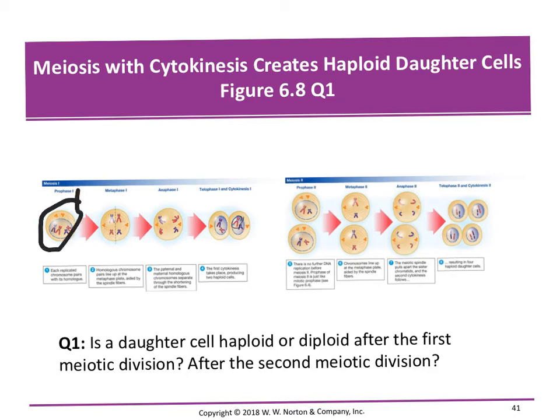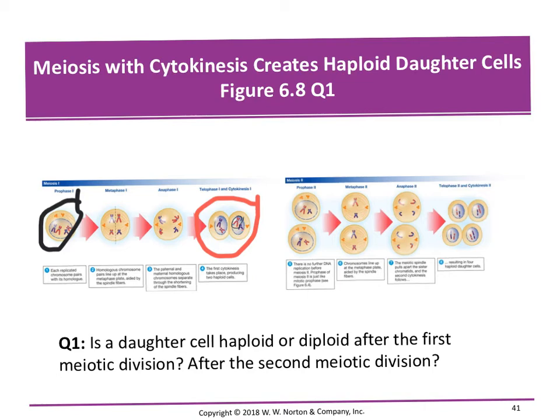The chromosomes line up along the metaphase plate. They start to pull apart, and you finally end up with 2 haploid daughter cells, but they're homologous chromosomes with chromatids.